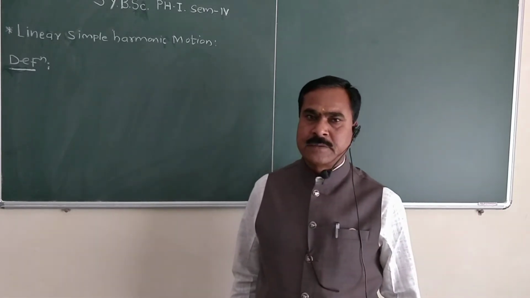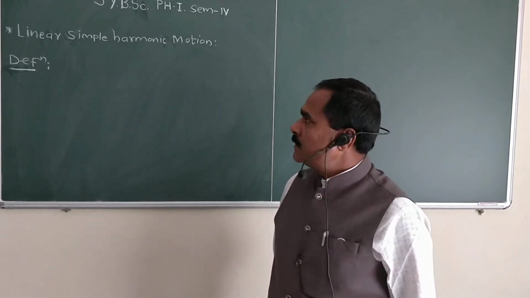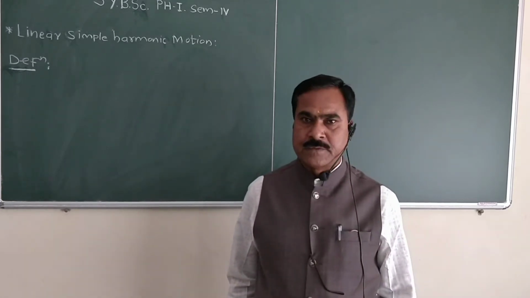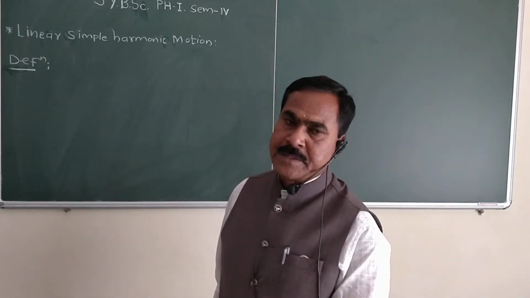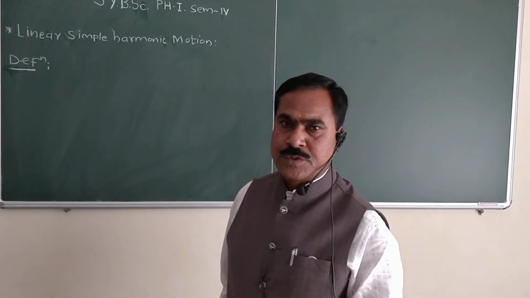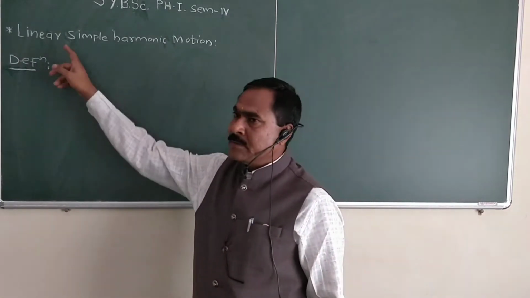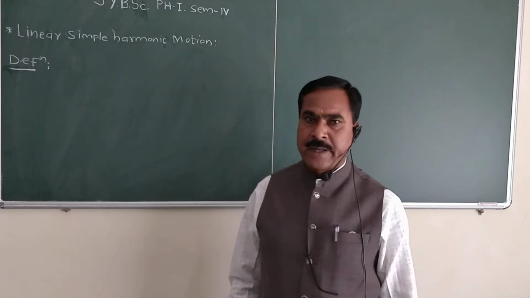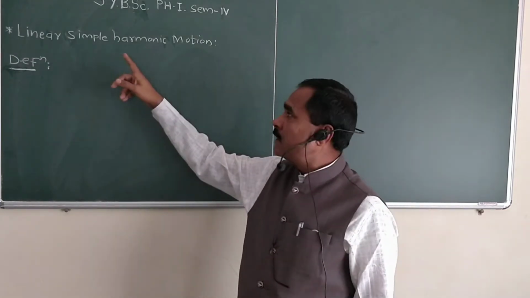In today's lecture, we study the linear simple harmonic motion. First, we see the definition of linear simple harmonic motion. The word linear means motion in a straight line. Simple means simple.